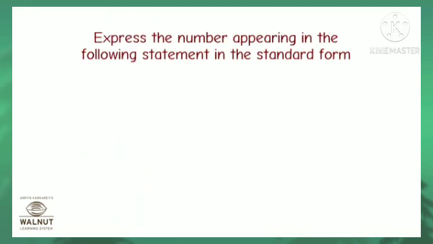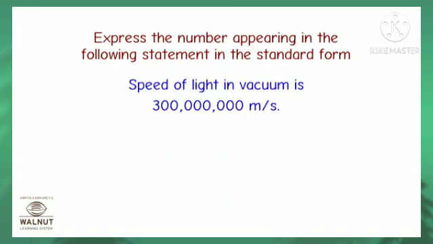Express the number appearing in the following statement in the standard form. Speed of light in vacuum is 300,000,000 meters per second. First, to convert given large number into decimal number, we put the decimal point after the first non-zero digit. Here, the first non-zero digit is 3.